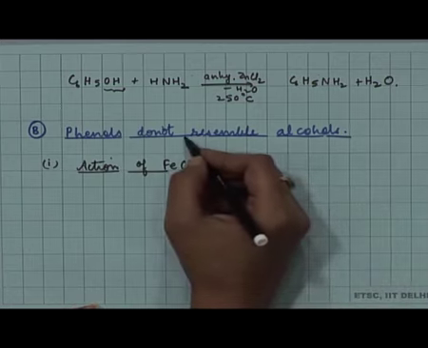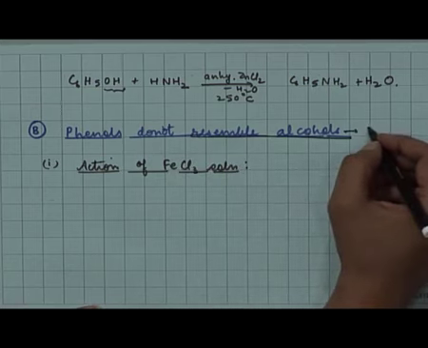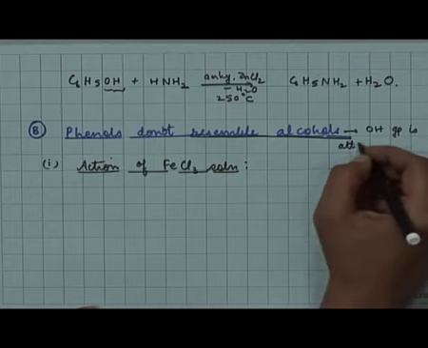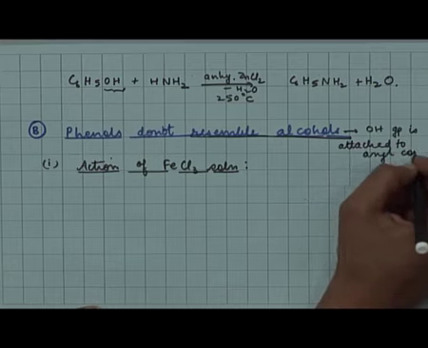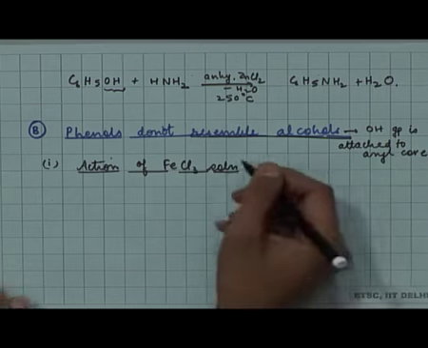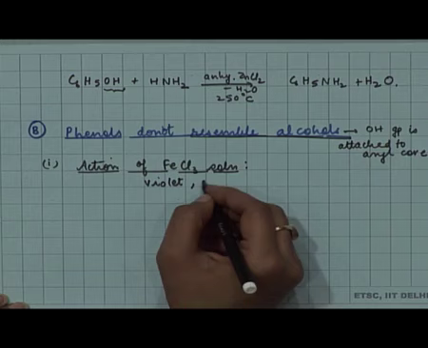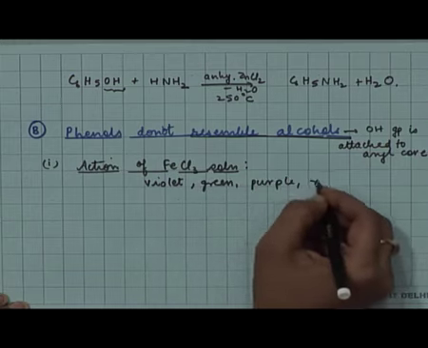The reactions in which phenols do not resemble alcohols are by virtue of the fact that the OH group is attached to the aryl core, and this is what makes them different from alcohol. The action of ferric chloride solution on phenol gives you a violet, green, purple, or red color.